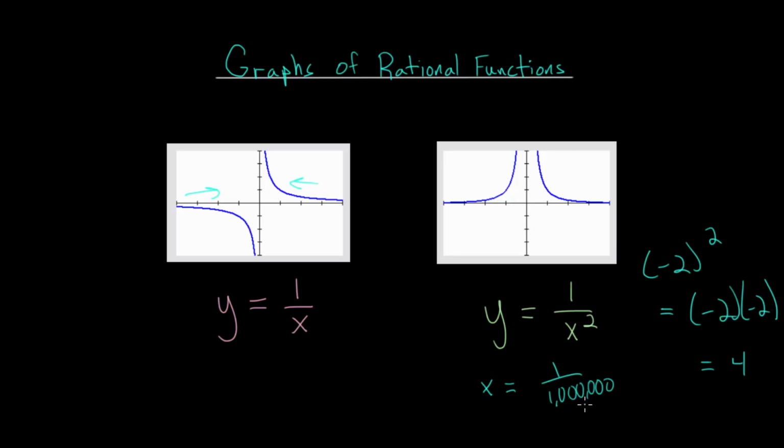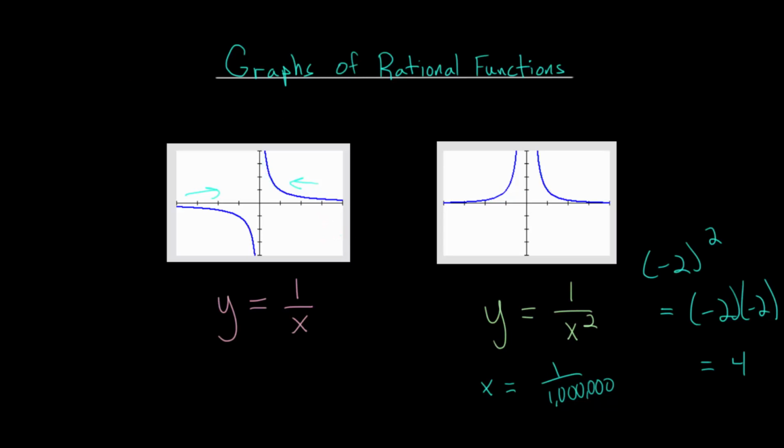And so 1 over a trillionth would be 1 trillion. So the numbers approach infinity much faster as you plug in x values that are closer and closer to 0. But in general, it does look very similar. Notice it just is much steeper than the graph of 1 over x, but they have a very similar shape.